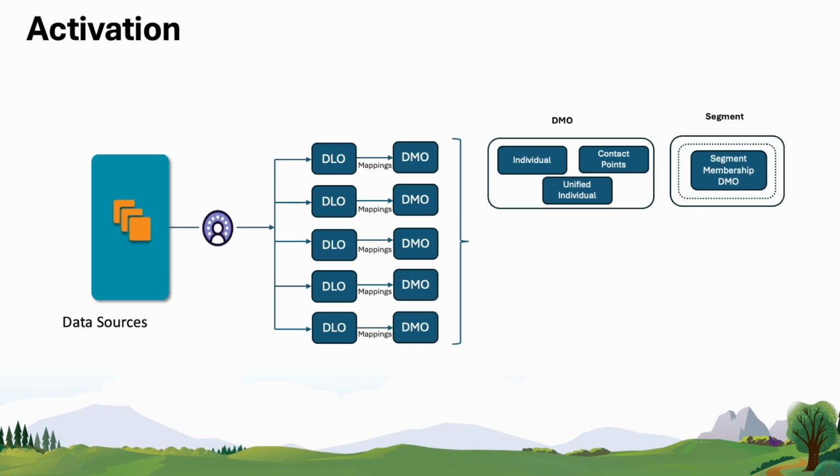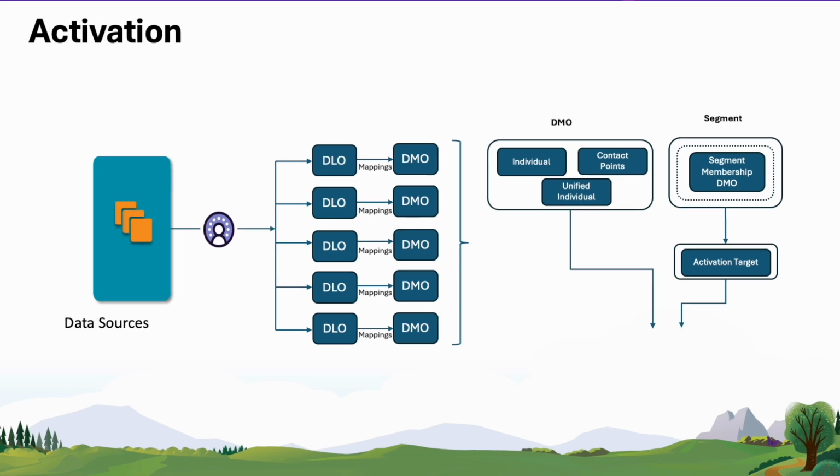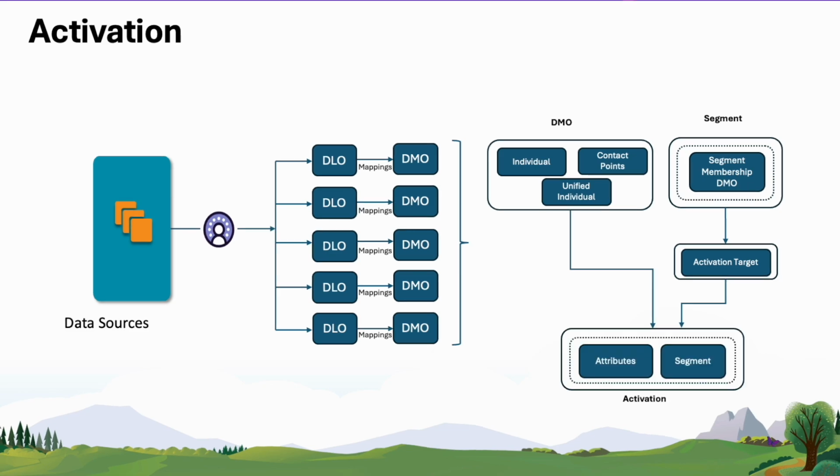Once we have the data available in our objects, we need to define an activation target to where our data needs to be sent. The activation target will store the authentication and authorization information related to that specific platform. Post that, we need to define an activation.